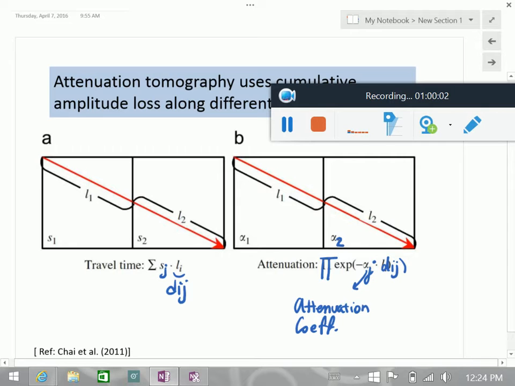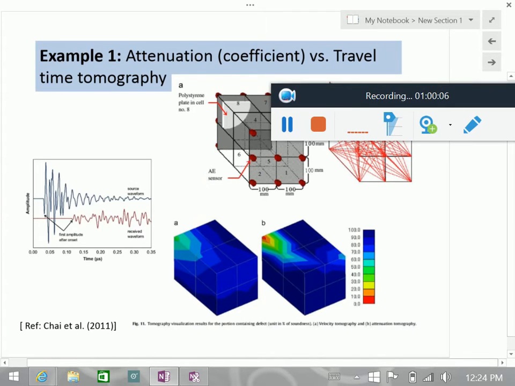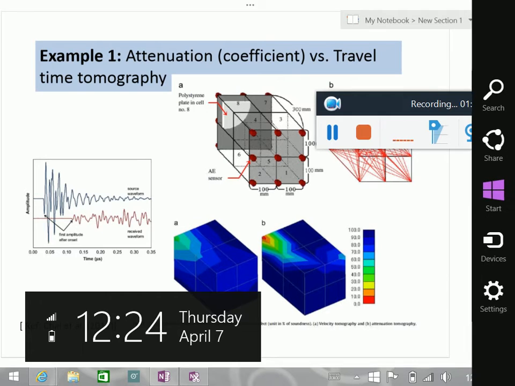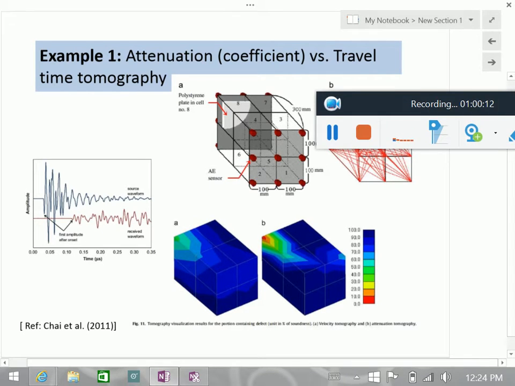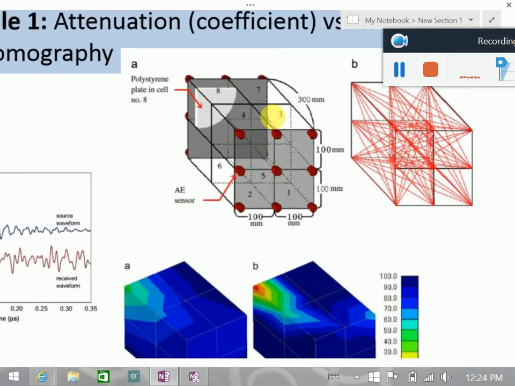Now, I show you two examples where people have done both, side by side. So here is an example of tomography. This is in concrete. So this is how it works.